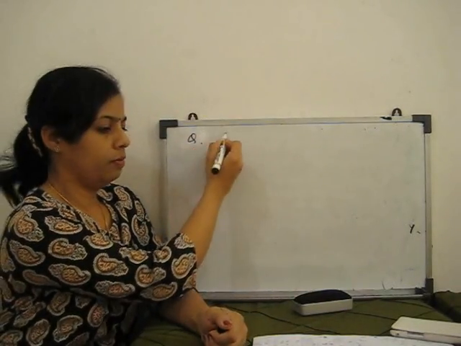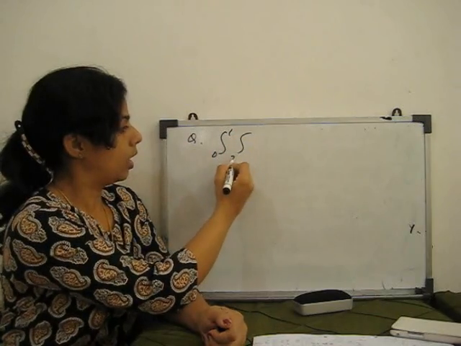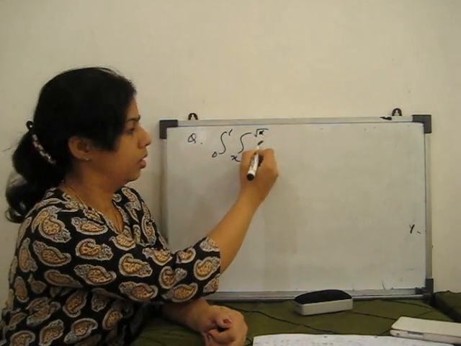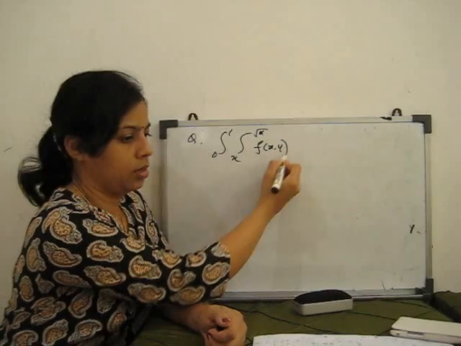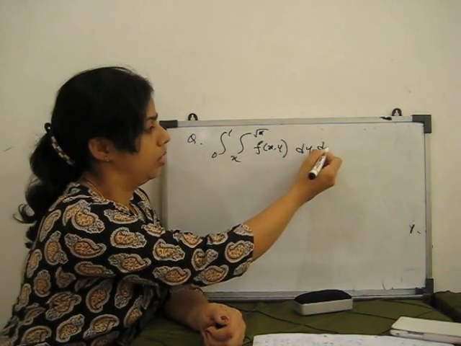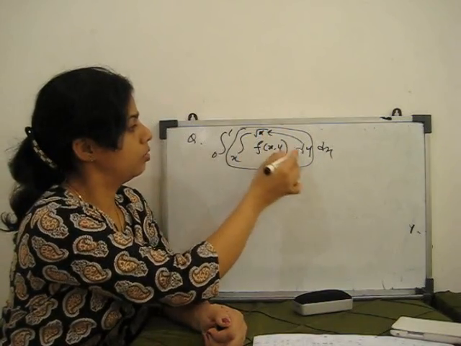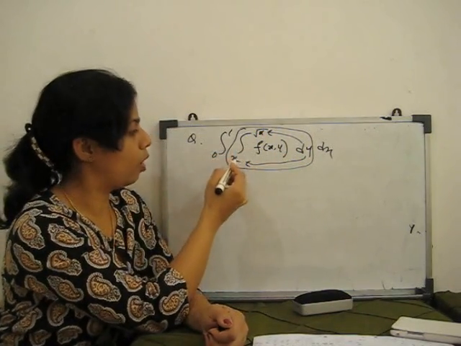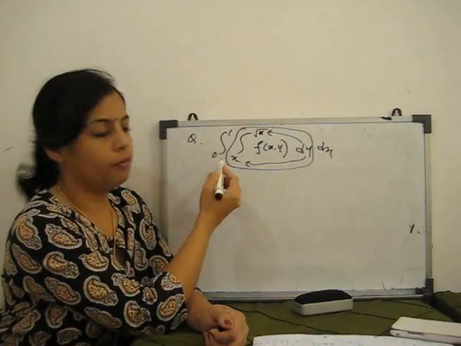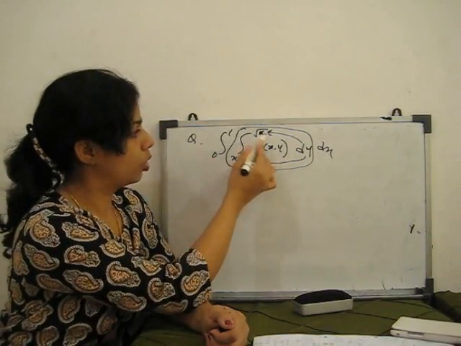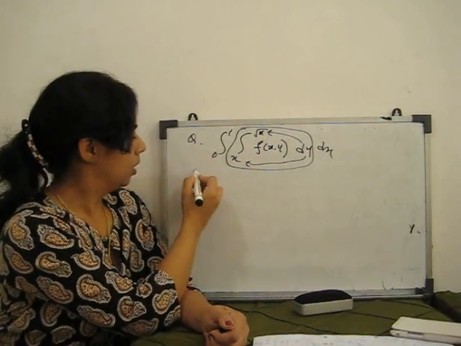First question: the integral from 0 to 1, x to root x, f(x, y) dy dx. It means y goes from x to root x, and x goes from 0 to 1.